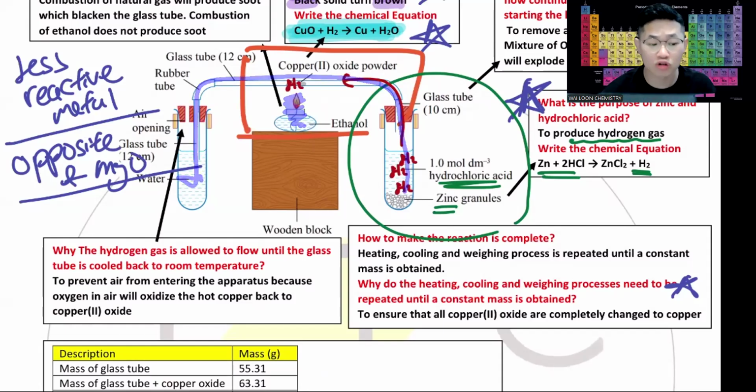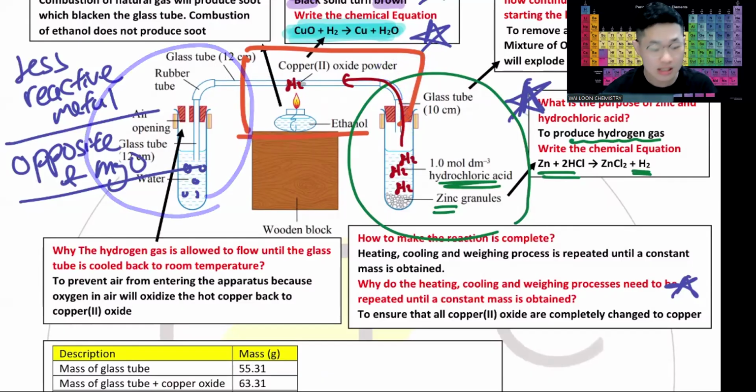Whenever there's hydrogen gas flowing in the glass tube, you will see bubbles in the final section here. Because hydrogen gas is colorless, we cannot see it. I don't know whether the hydrogen gas has passed over or not, or maybe it leaks and flows out in the middle. So if we put this here, we can see bubbles. If there are bubbles, it means hydrogen gas is flowing.